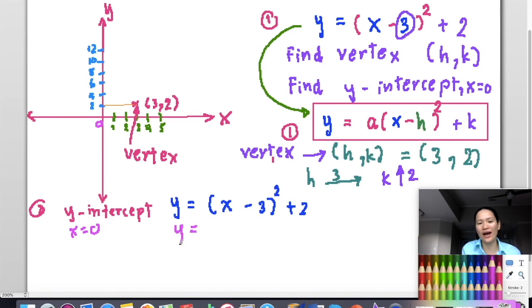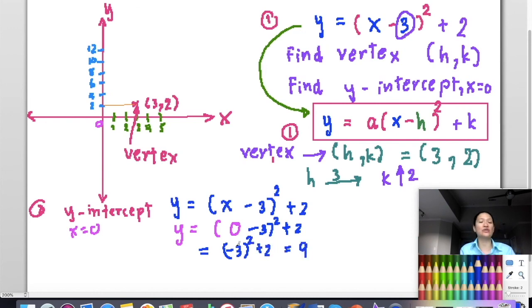My y equals (0 minus 3) to the power 2 plus 2, so it's equal to negative 3 to the power 2 plus 2. Negative 3 to the power 2 is 9, plus 2. So it's equal to 11. So I know that the y-intercept is y equals 11.